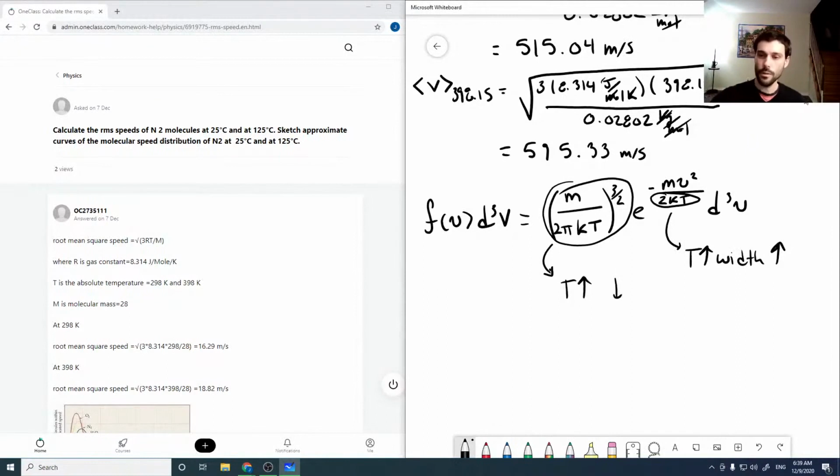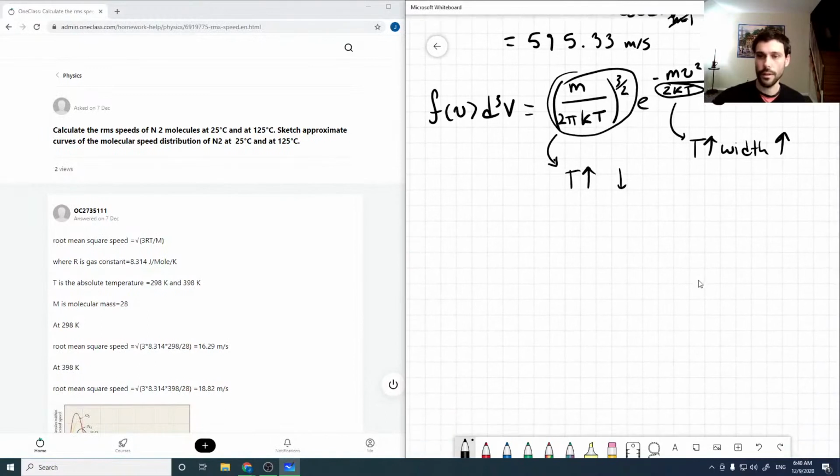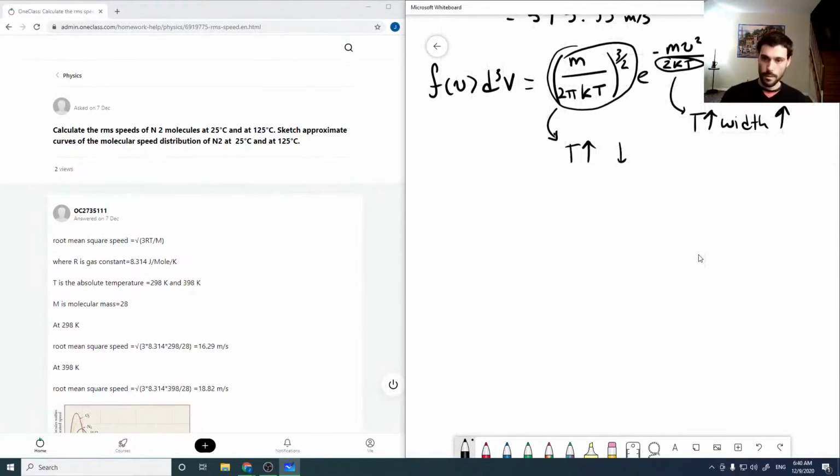So together, even though this is not integrated, we can still get a basic shape by saying the center of our distribution is going to be at our average speed. So we're going to have about 515.04, and we're going to have some width, and so we can draw the distribution such that it goes through that.